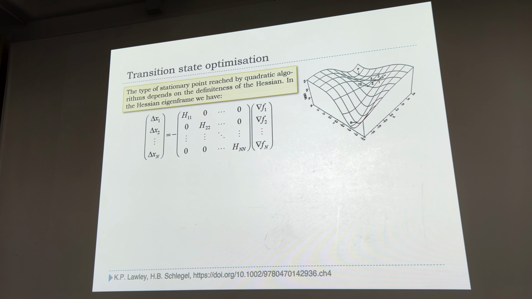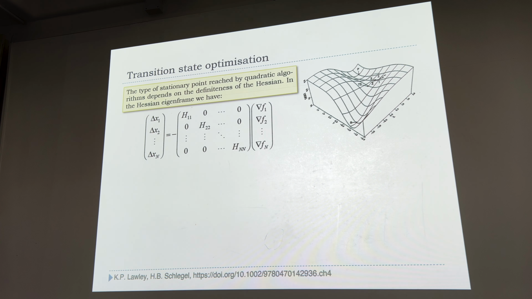So if you are close to a minimum, Newton-Raphson optimizers will drive you to a minimum. But if you are close to a maximum, they will treacherously drive you upwards into that maximum, right? It locates the nearest stationary point to where you had begun.